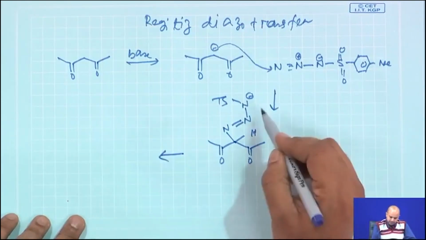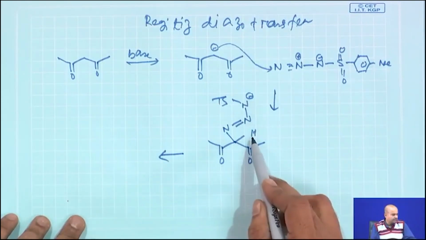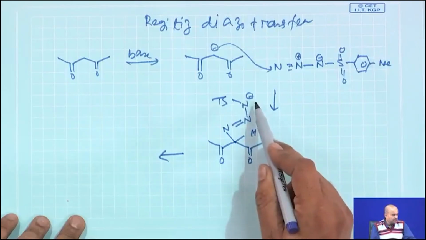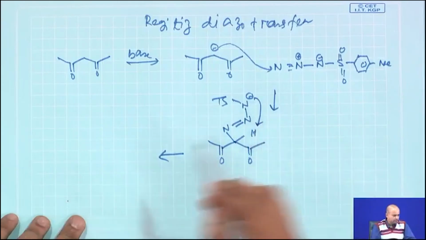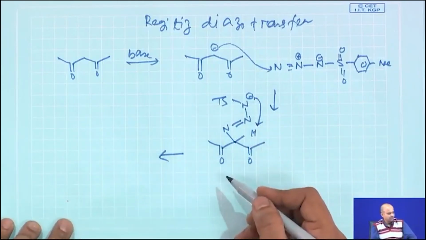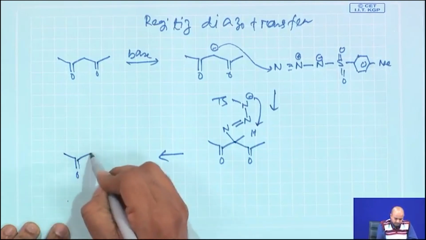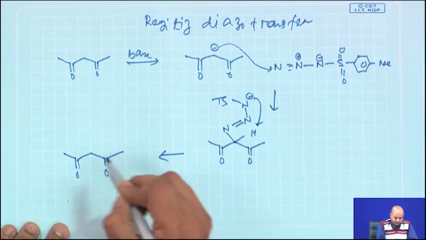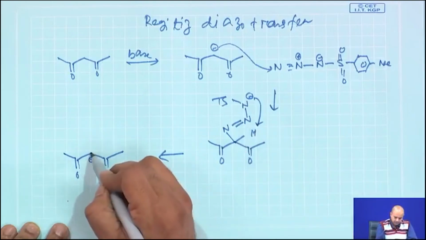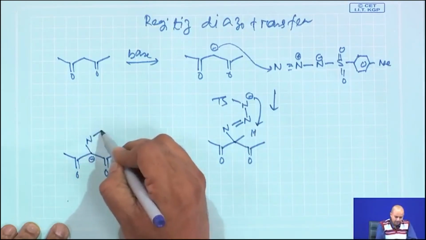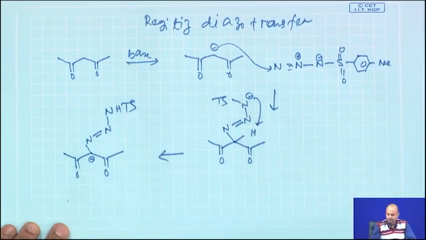Now, if you see, this terminal azide is N minus, it is also having another acidic hydrogen. So, this N minus now acts as a base to pick up this hydrogen, and then what will it give? It gives you a minus here after this hydrogen goes, and then you have this N double bond N NHTs.